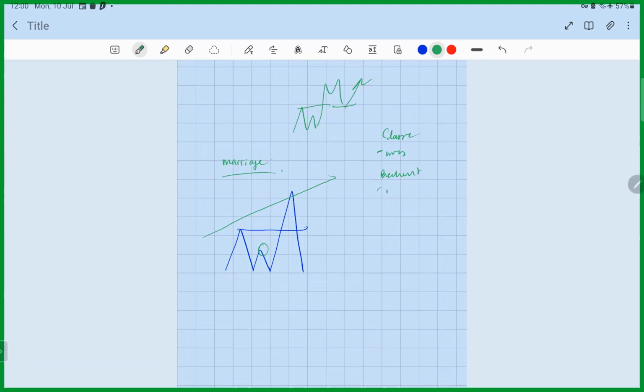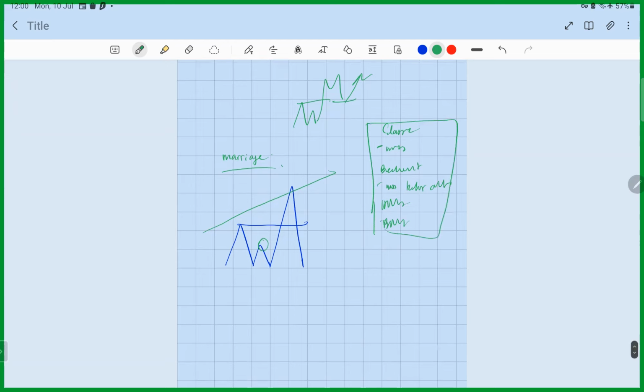Okay? This. And then we have the HNS. And then we have the BHNS. BHNS is basically a HNS broken out. Okay? So trend lines have to be used only on these ones here. Trend lines are the reason why these guys float.